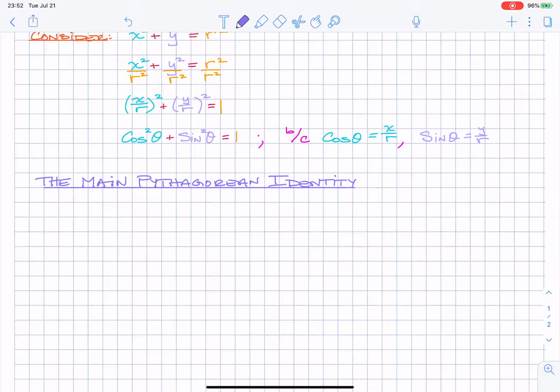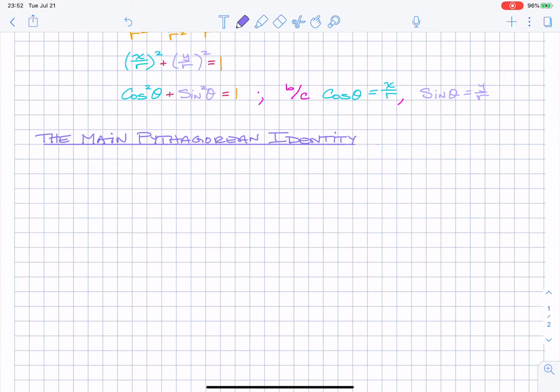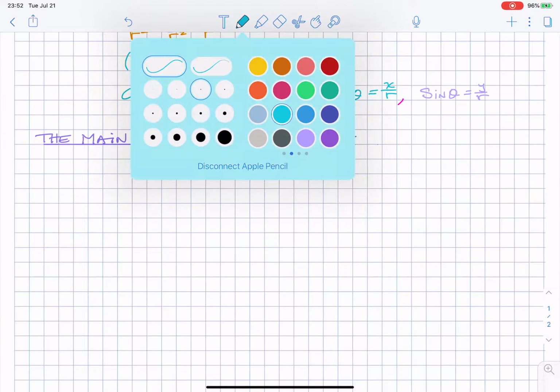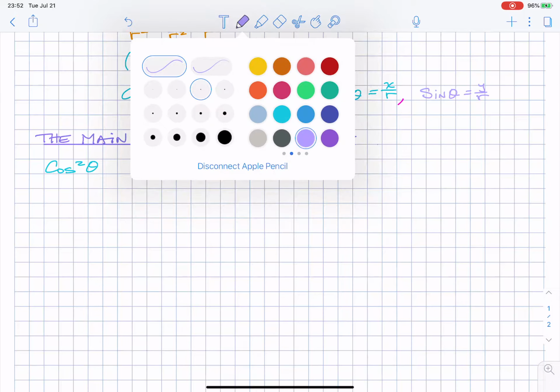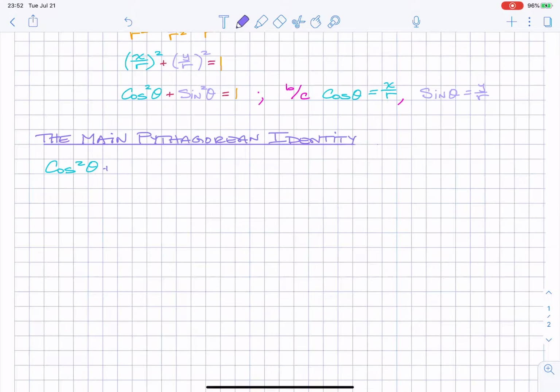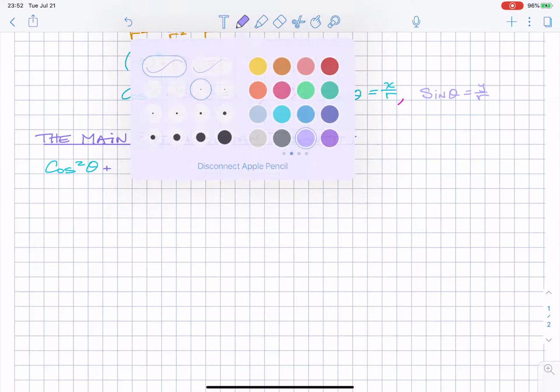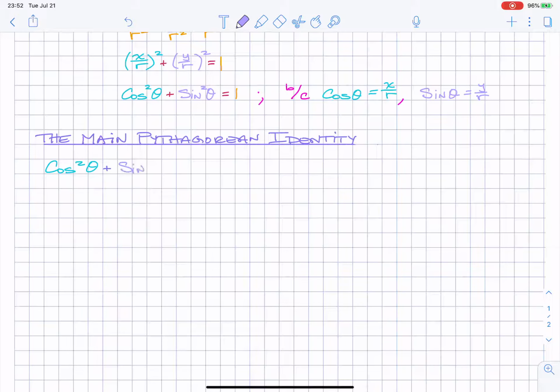Okay, so the main Pythagorean identity is the one we gave above. Namely, it's cosine squared of theta plus sine squared of theta is equal to 1.